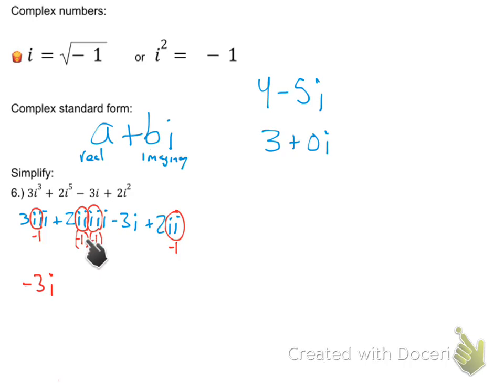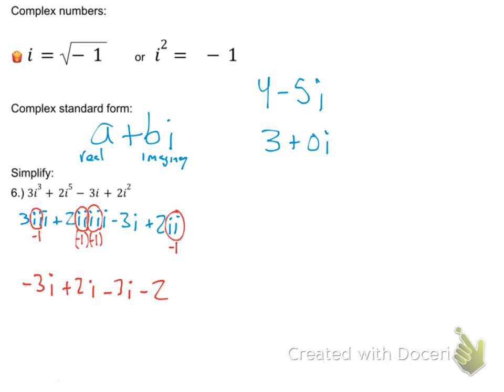Negative 1 times negative 1 times 2 times i would be 2i. 3, minus 3i because nothing's done, right? Correct. And then i times i was negative 1, so negative 1 times 2 is negative 2. And at this point, I'm down to numbers and numbers with i.